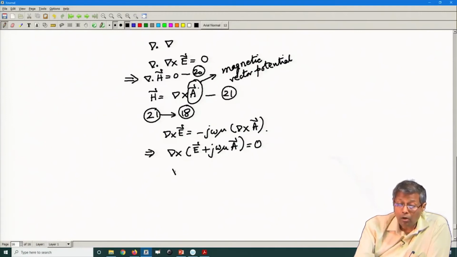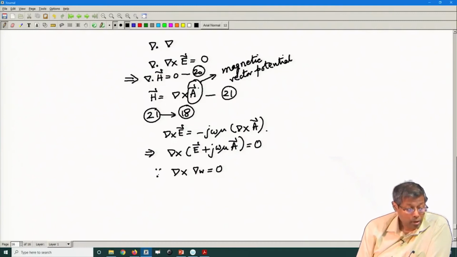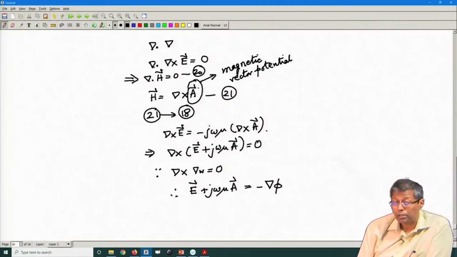Now, since curl of grad of any scalar say W is 0, since this is true, therefore, E plus j omega mu A can be expressed as the gradient of a scalar.